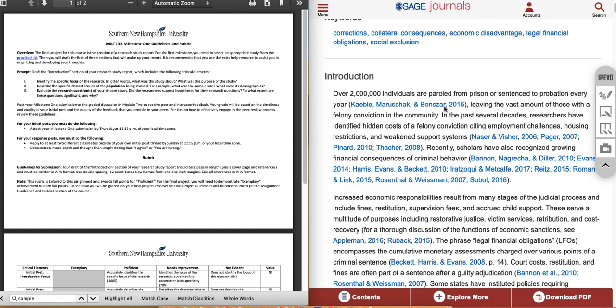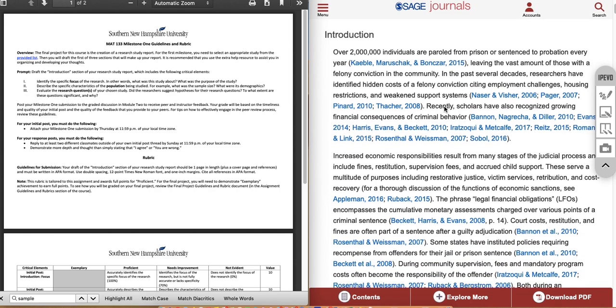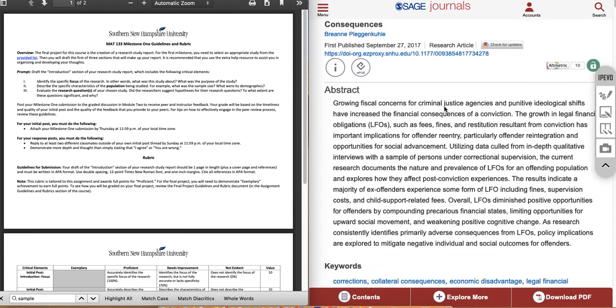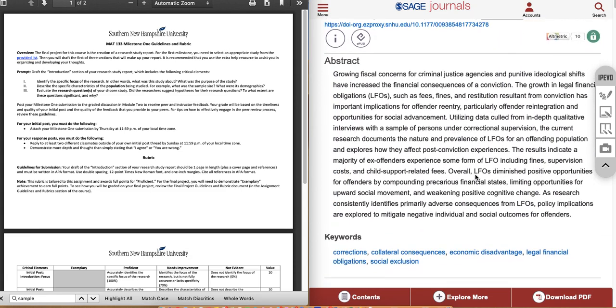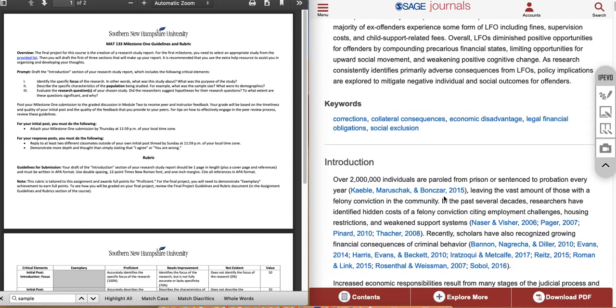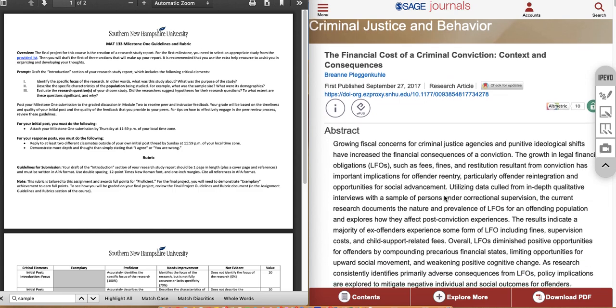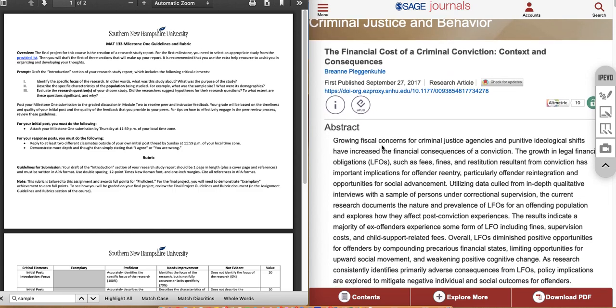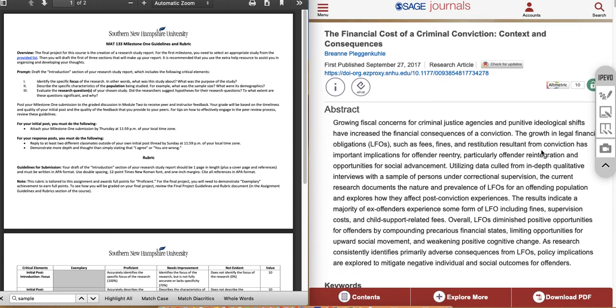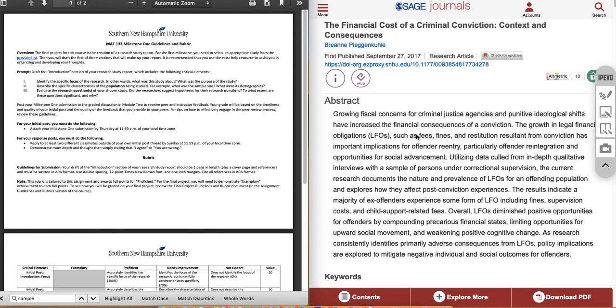In this study, if we look at what the focus is, we can get that from the abstract and the introduction. This one talks about growing fiscal concerns for criminal justice agencies and punitive ideological shifts that have increased the financial consequences of conviction.